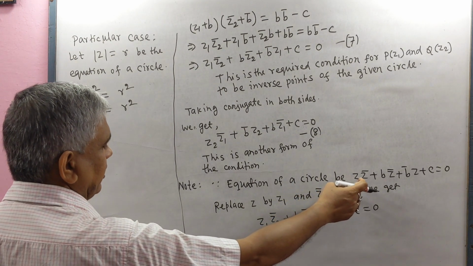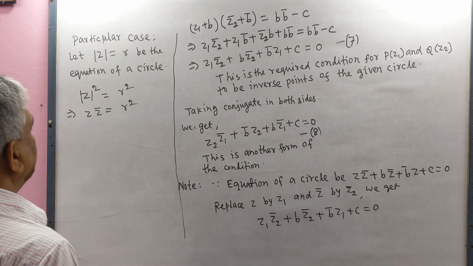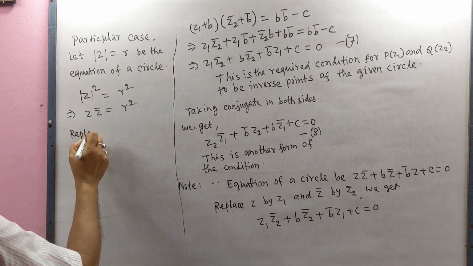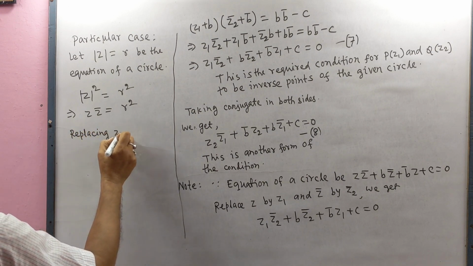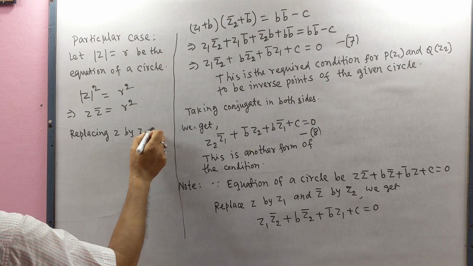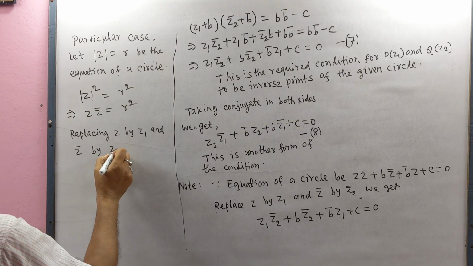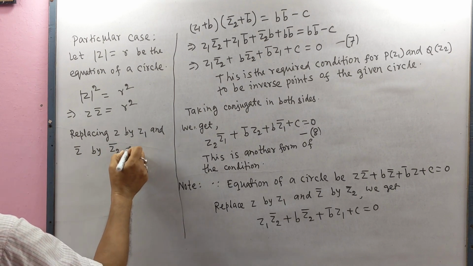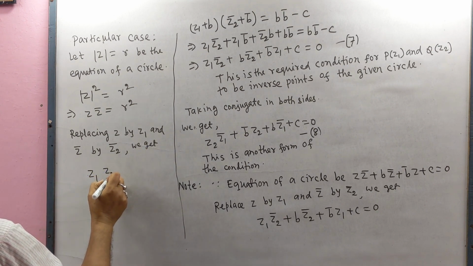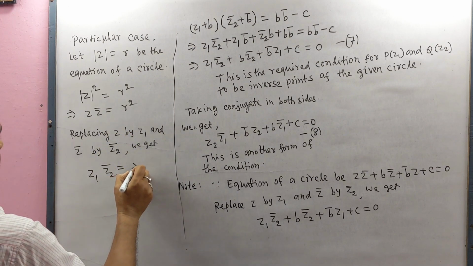Here we have stated that replacing Z by Z1 and Z bar by Z2 bar, we get Z1 Z2 bar equal to R square.